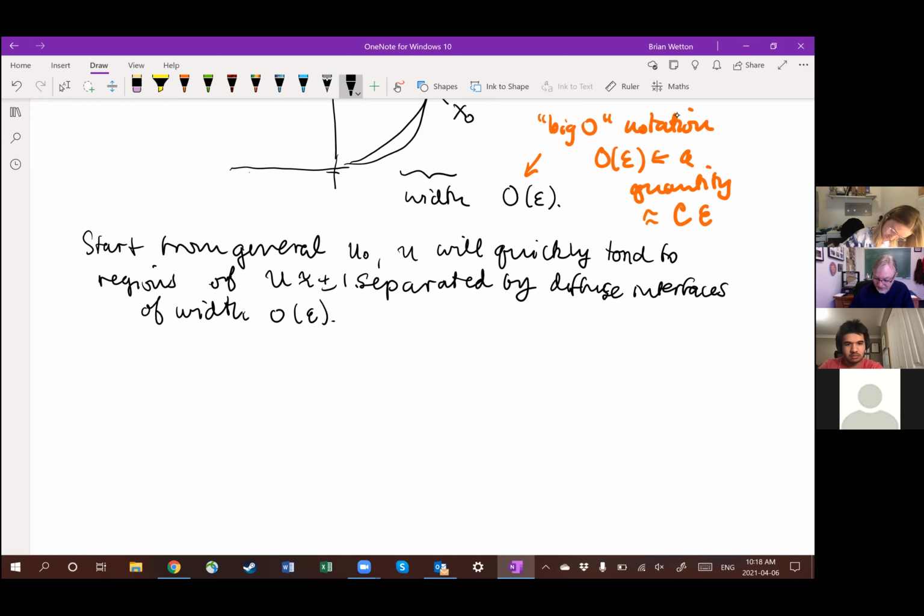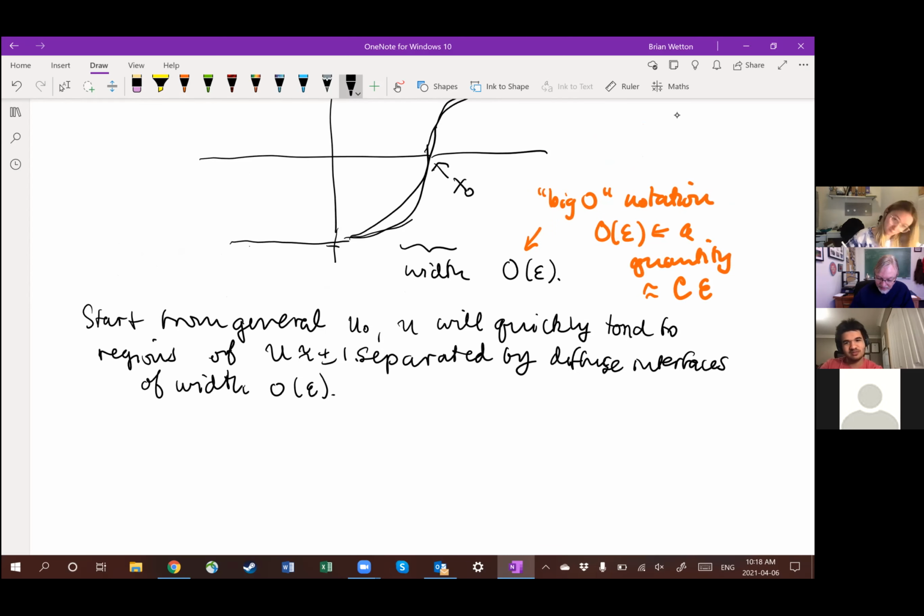And quite quickly, those diffuse interfaces will take approximately this hyperbolic tangent shape.